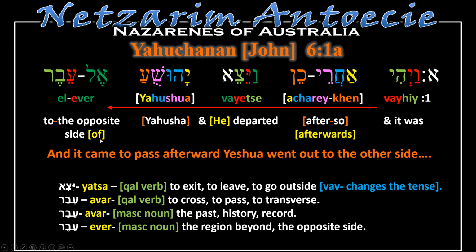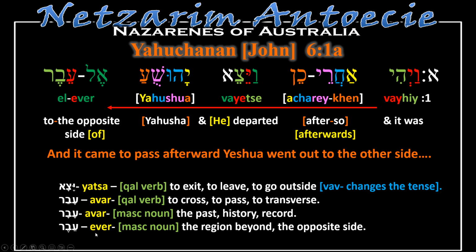And now we're going to look at how we come to those. Now, yatsa is a kal verb meaning to exit, to leave, to go outside. And I've added that the vav changes the tense, meaning it's a perfect form. And then we have avar, which is a kal verb to cross, to pass, to traverse. Then we have aver as a masculine noun, meaning the past, history, or a record.